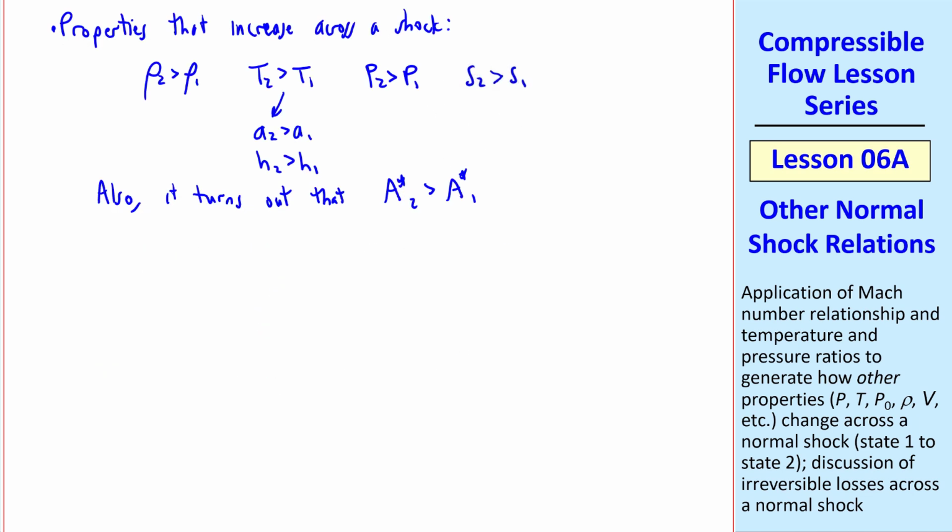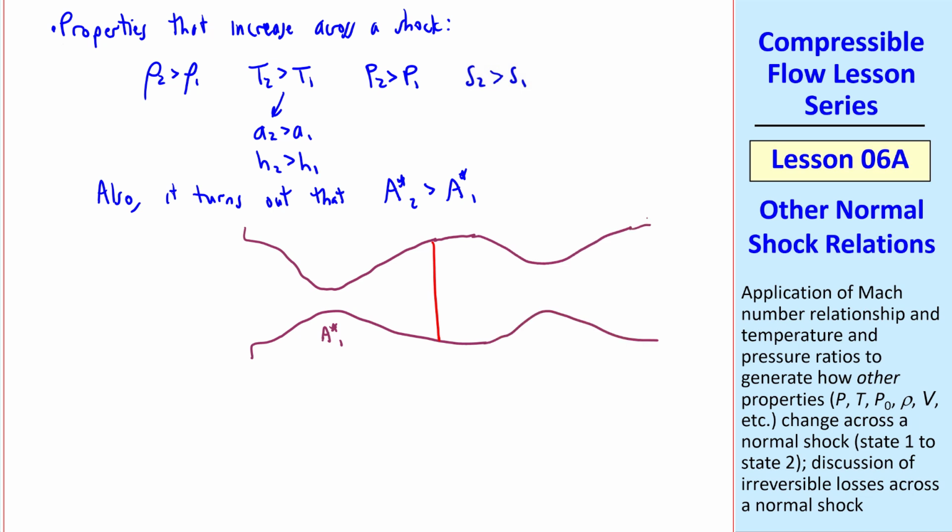As we discussed in our lesson about supersonic wind tunnels, if we have a converging diverging nozzle with a shock and area A star 1 at the throat, in order to bring this back to sonic conditions, we'd have to have a second throat with A star 2, but as drawn, A star 2 must be bigger than A star 1. In other words, the flow will choke at a larger throat area than initially, with flow being from left to right, of course.